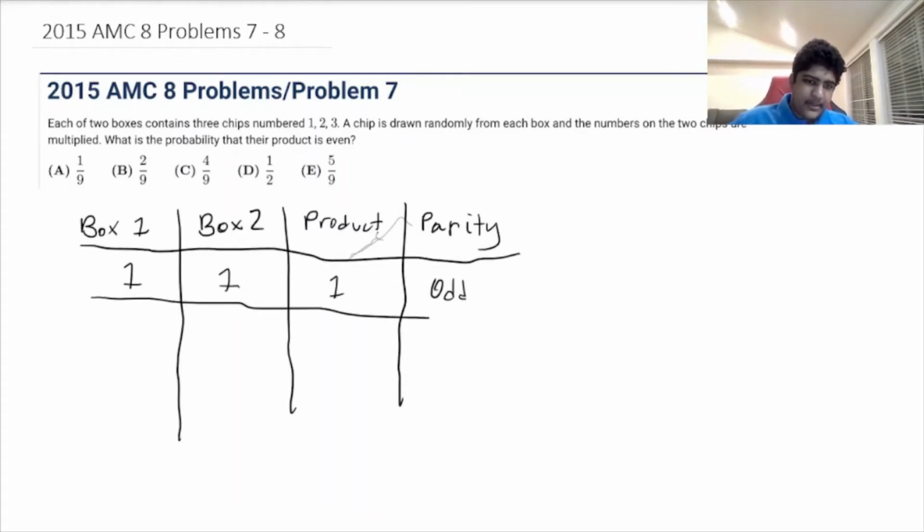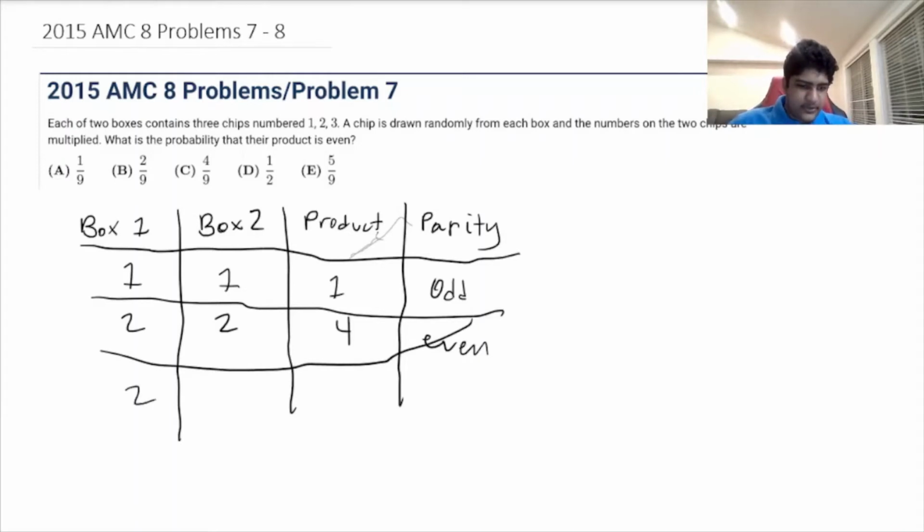Now let's try box 1 being 2, box 2 being 2. The product is 4, which is even. Now let's try 2 and 3. It's the product of 6, which is even.